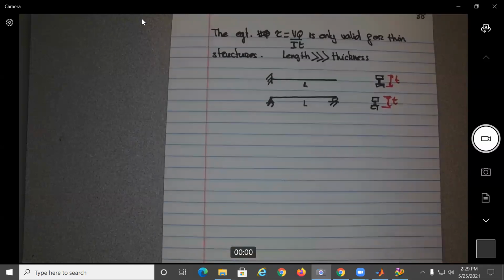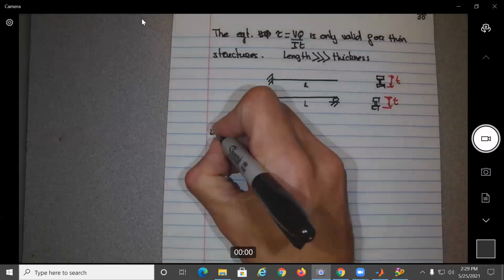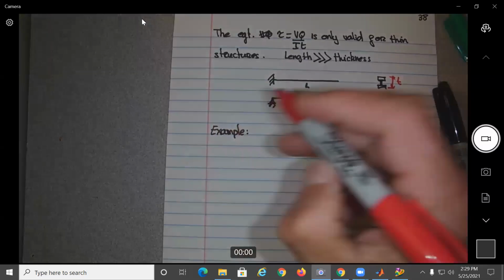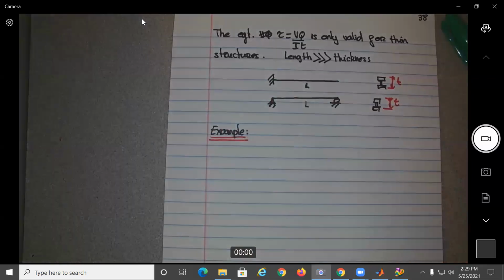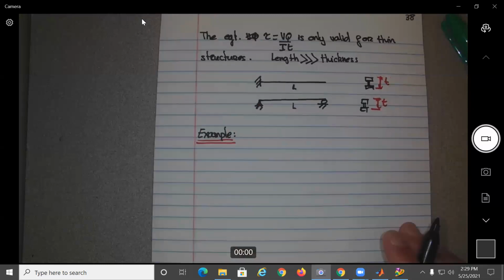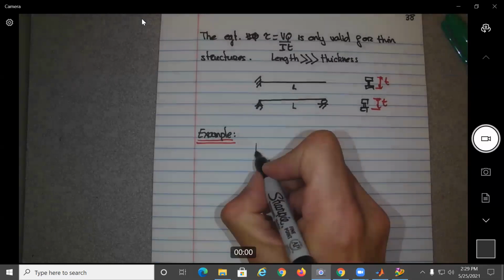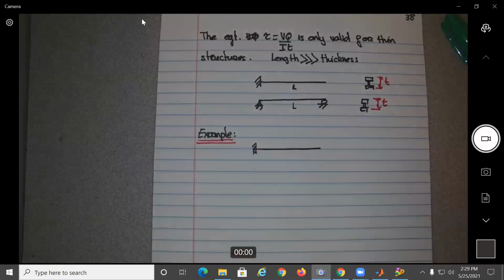So let's start one example. I don't know how far we're going to make it. Example. In this case, I'm not going to redo the whole problem to give you a load. Let's say you have this beam over here.